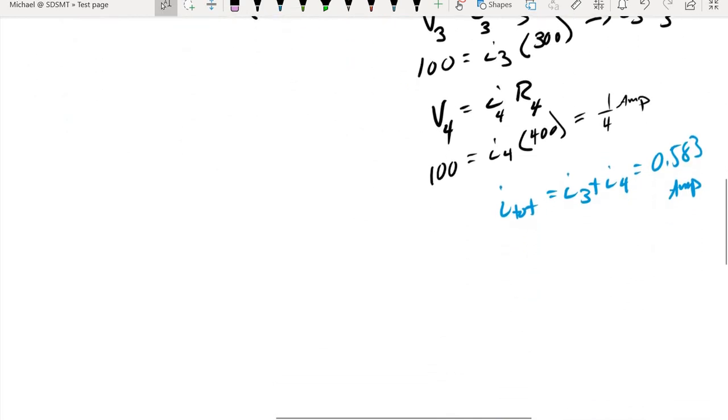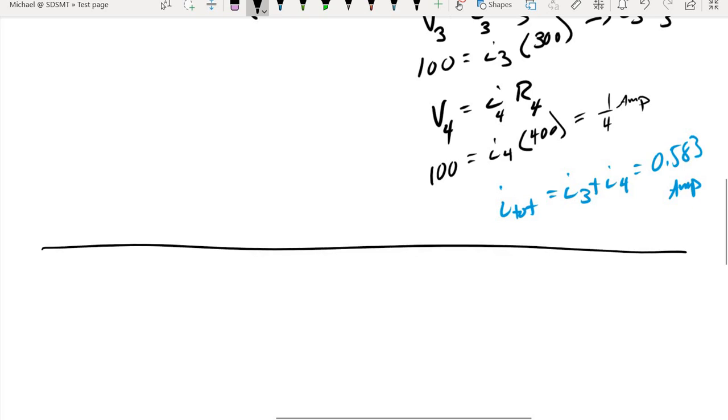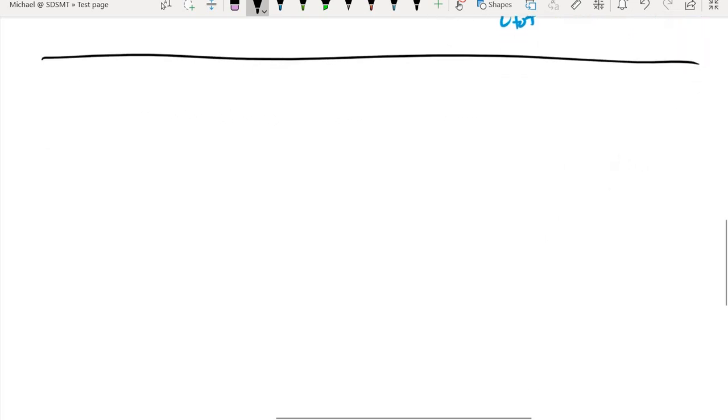Well, if we can do equivalent resistors with series systems, there's really no reason why we can't do an equivalent resistor with a parallel system.